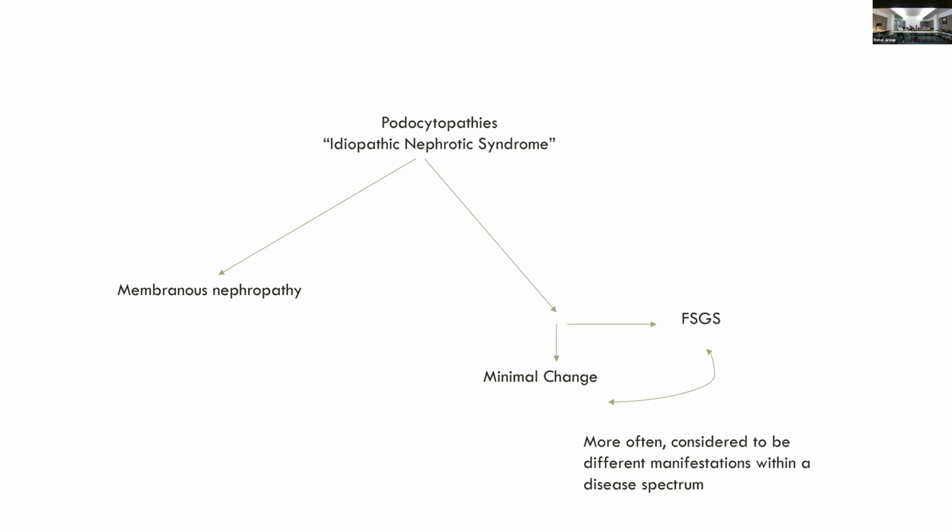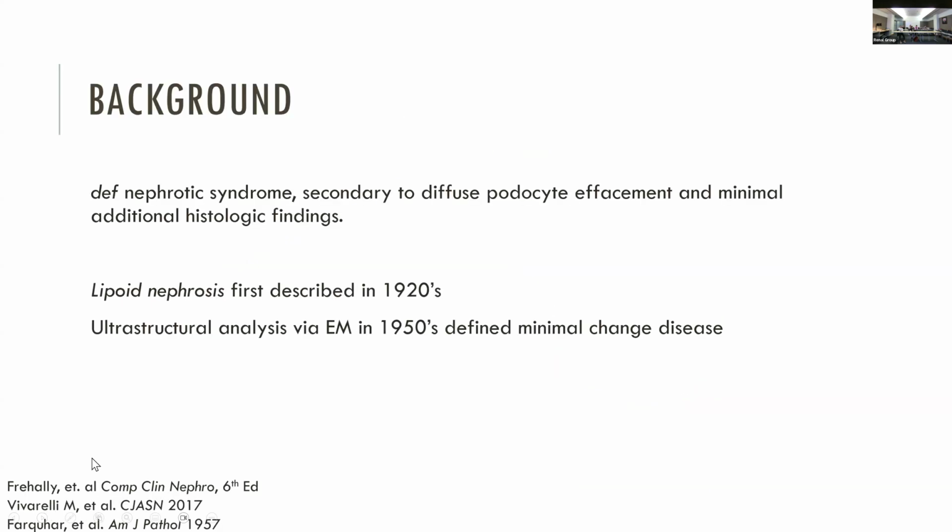And when you read papers about them, they're more and more referred to as idiopathic nephrotic syndrome or podocytopathy, and they're one and the same to some degree. But for the purpose of this talk, minimal change is going to be pretty much minimal change as you know it.